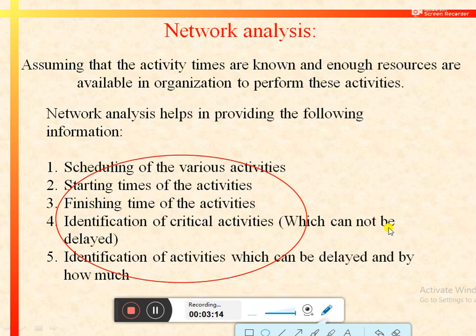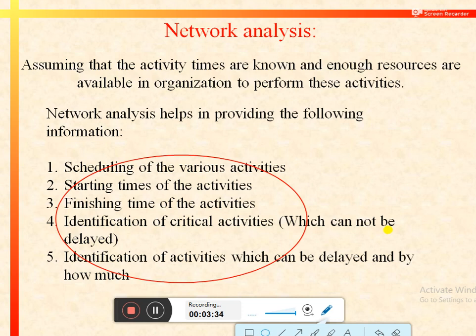We can schedule different activities. We can find out the starting times and finishing times of the activities. Further, we can identify the critical and non-critical activities that need to be performed to complete a particular project.